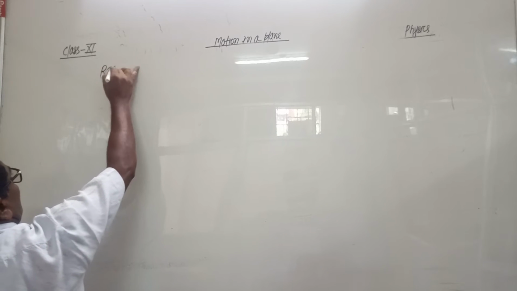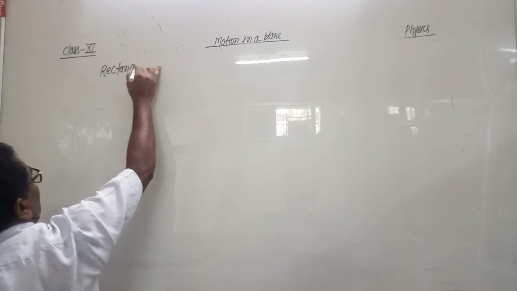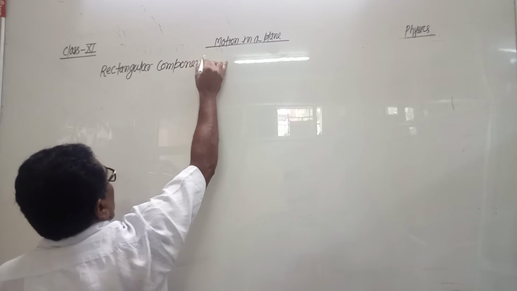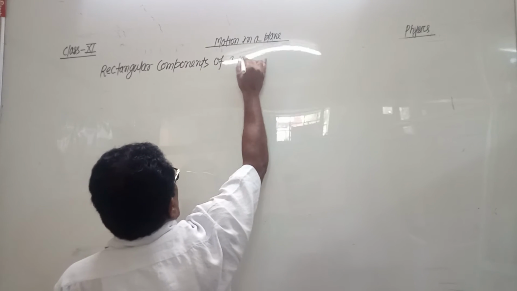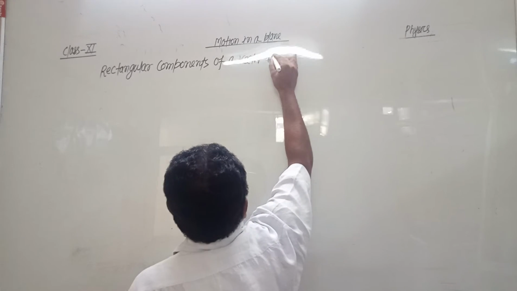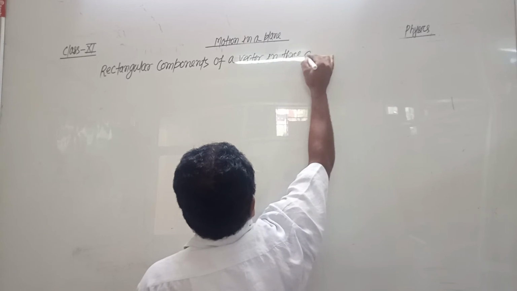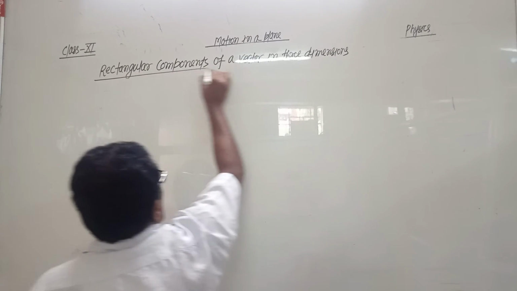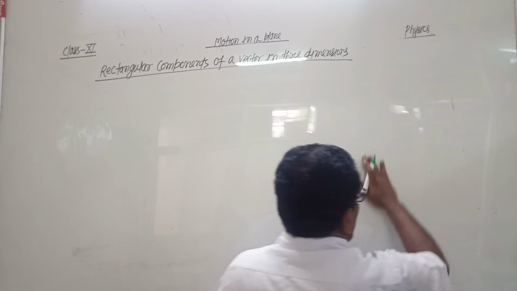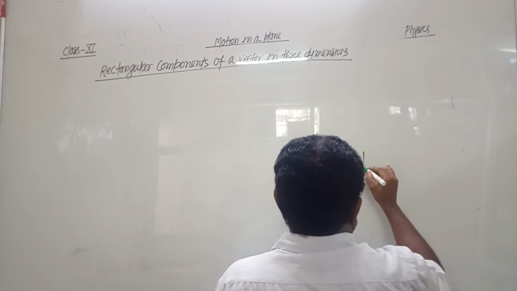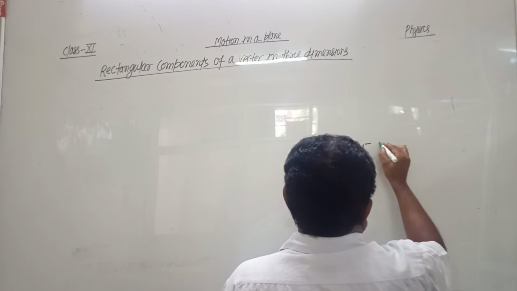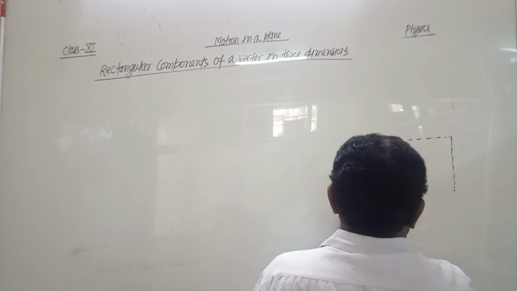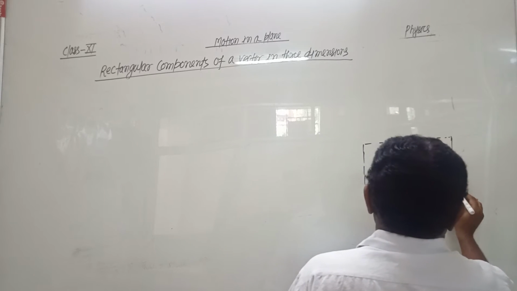Rectangular components of a vector in 3 dimensions.